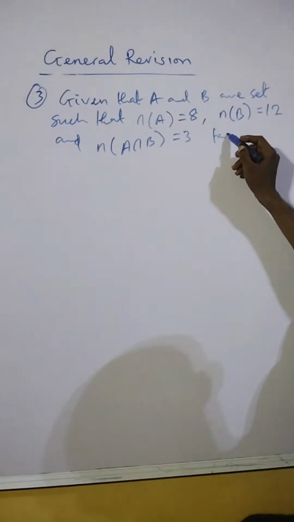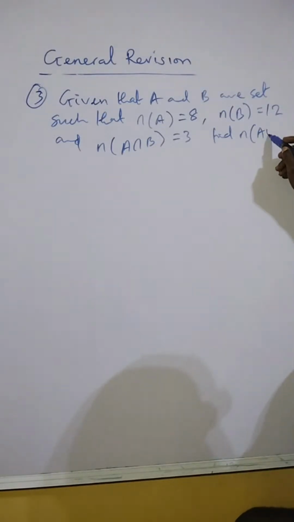Now find the number of elements in A union B.